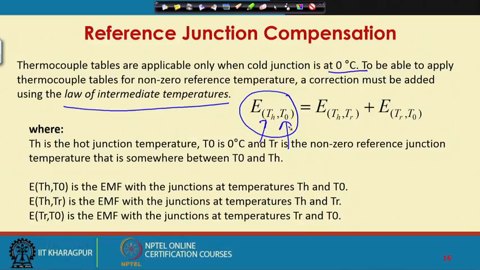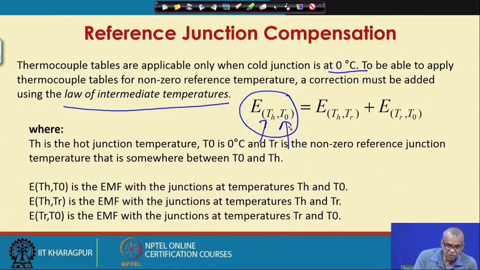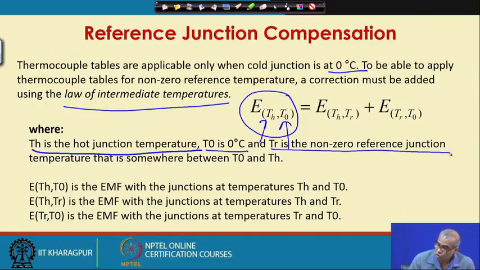So, let us say Th is the junction temperature, T0 is the 0 degree Celsius and Tr is the non-zero reference temperature. So, Tr is the temperature of the reference junction, which is not 0 and is somewhere in between the measuring junction temperature and 0 degree Celsius, higher than 0 degree Celsius, let us say if you are measuring positive temperatures.